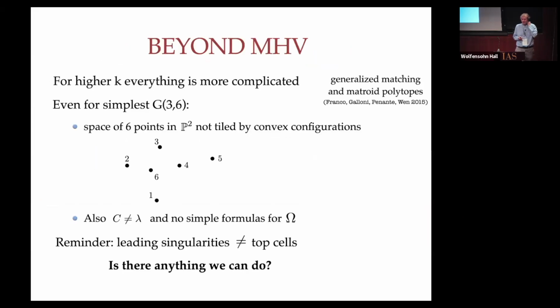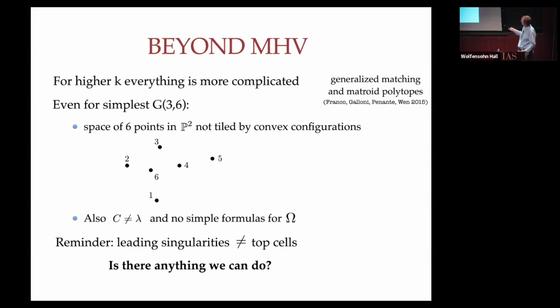So let me now say something a little bit about G3N, the things which are understood here. Obviously, going from G2N to G3N and GkN is more complicated because, as I said, even starting with G36, the Grassmannian G36 is not tiled anymore by just the positive Grassmannian G plus 36 with different orderings.